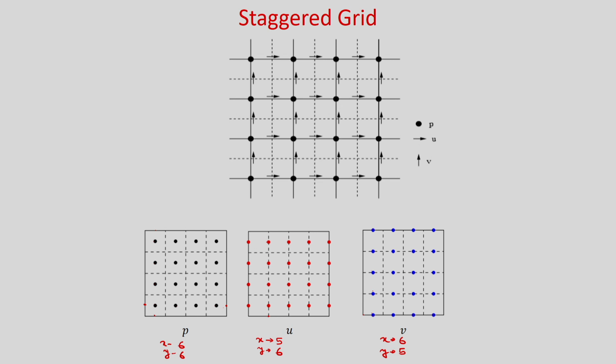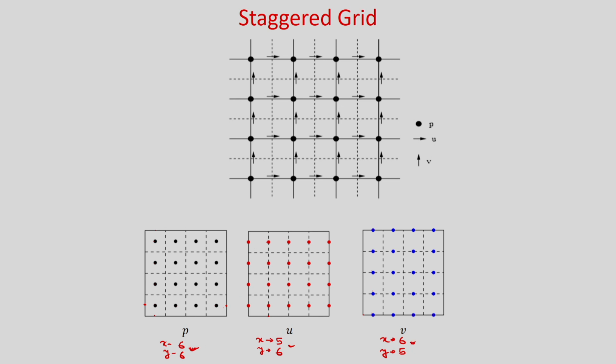So, you can see the total number of points for solving the velocities u and v are different in x and y direction, and it is also different from p. So, this bookkeeping is difficult in staggered grid, and accordingly you need to solve for the interior grid points.